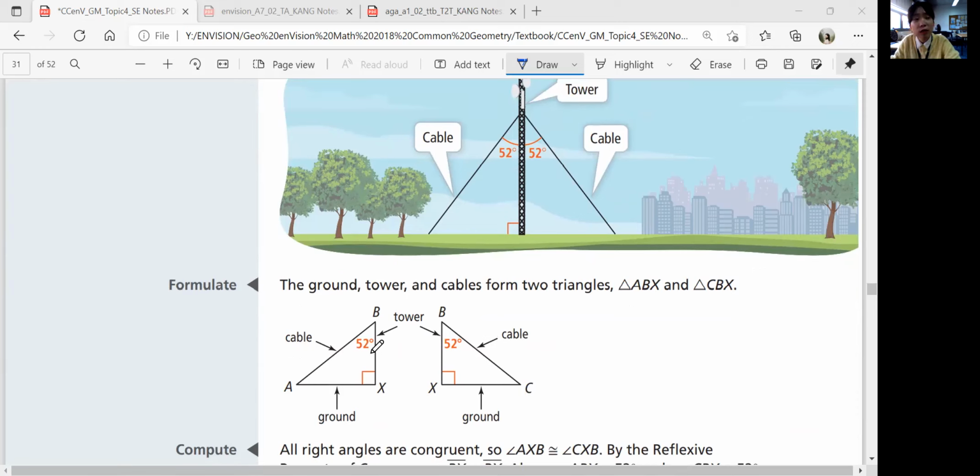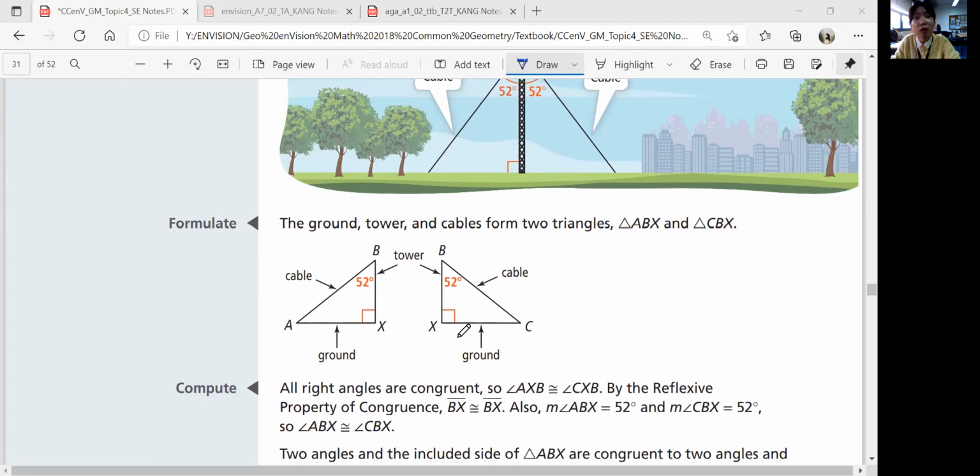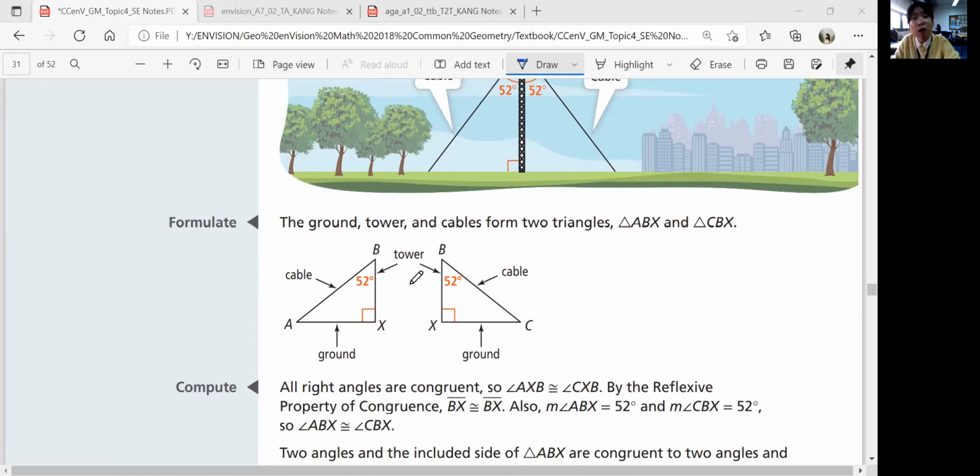So we got two angles here, 90 degrees and 52 degrees. And we know that the tower is congruent to itself. So we have the congruent sides for these two triangles. All right angles are congruent, 52 degrees are congruent. By the reflexive property, the tower is congruent to itself.